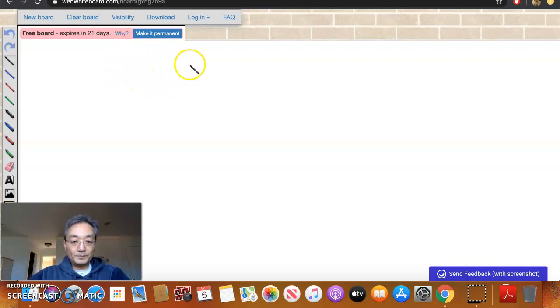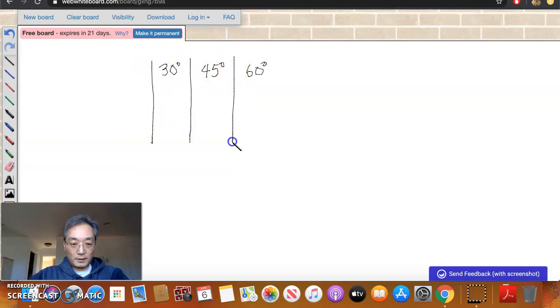So we're going to put our 30 degrees, our 45 degrees, and 60-degree angles like that. All right. And then on the side, we're going to put our sine, cosine, and then our tangent.